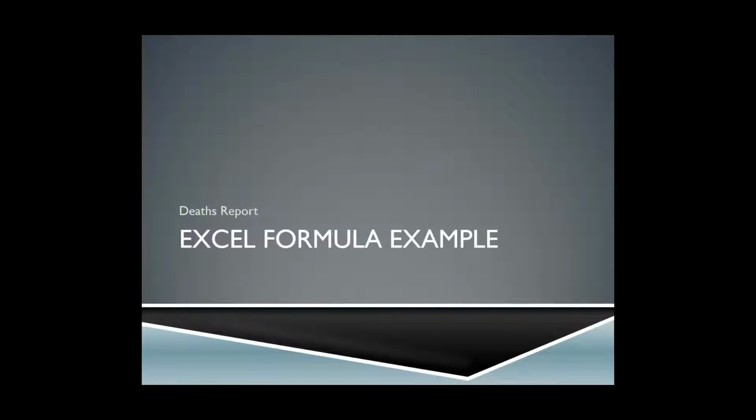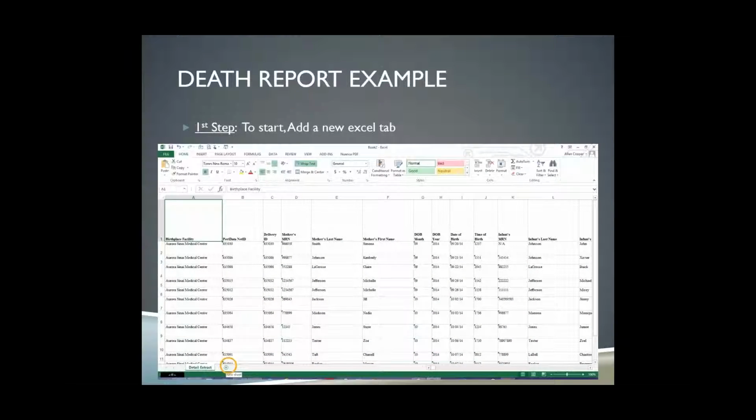I have an example that I wanted to walk through. We call it the depths report, and I made it step by step to guide us through. The first step, once you download the CSV report for the detail extract, is to create a new tab.